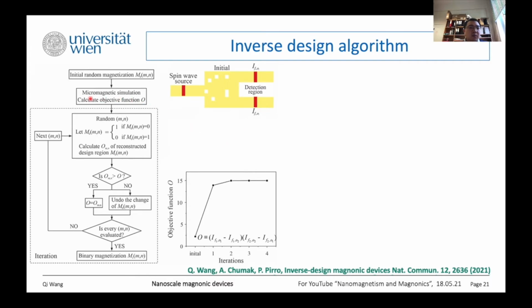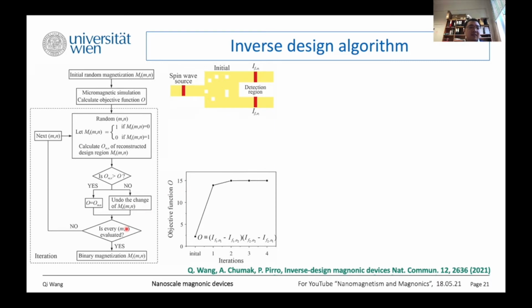We calculate the objective function, and then we randomly choose one of the subregions. If this subregion is filled with material, we remove it. If it's not filled, we fill it with material, and then calculate the objective function again. If this new one is larger than the old one, we keep it. If not, we undo the change, and we evaluate every subregion.